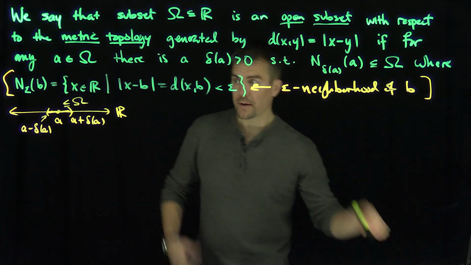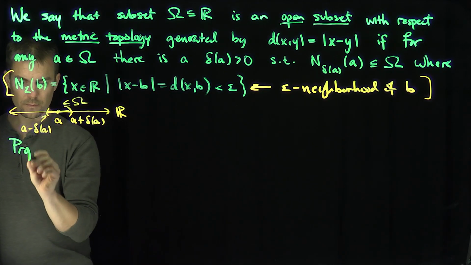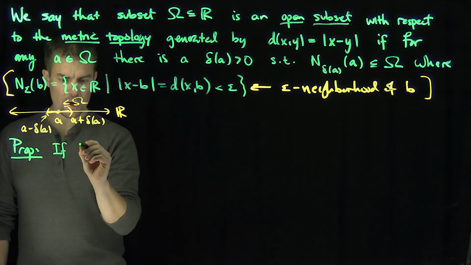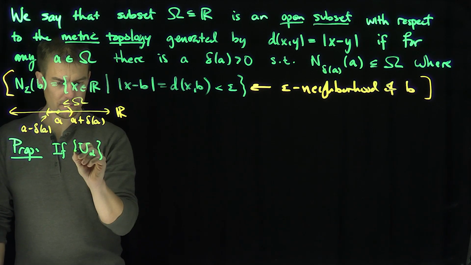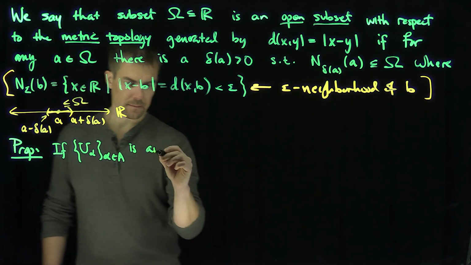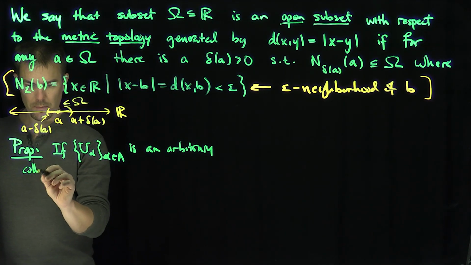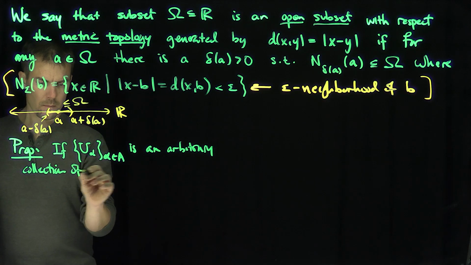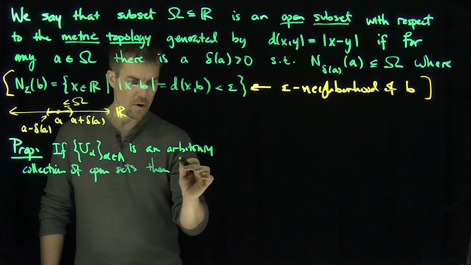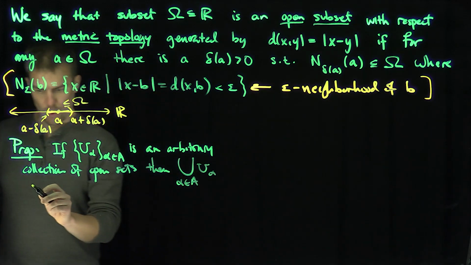All right, so let's do the standard propositions. Here's the standard proposition for these open sets. Proposition: if U alpha, for alpha in A, is an arbitrary collection of open sets, then the union over alpha in A of U alpha is also open.